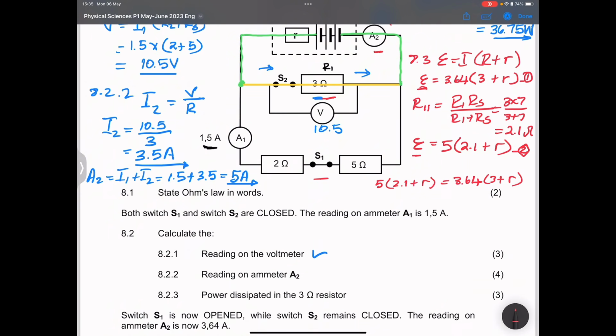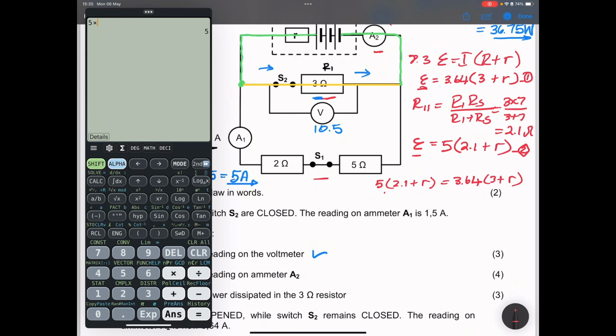So this would be 5 times 2.1, that's 10.5, plus 5R is equal to, on the other side, 3.64 times 3, which gives me 10.92, plus 3.64R.